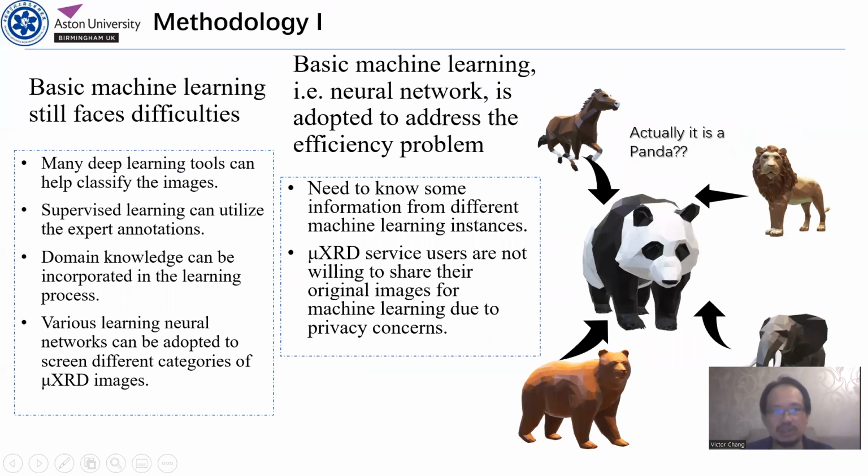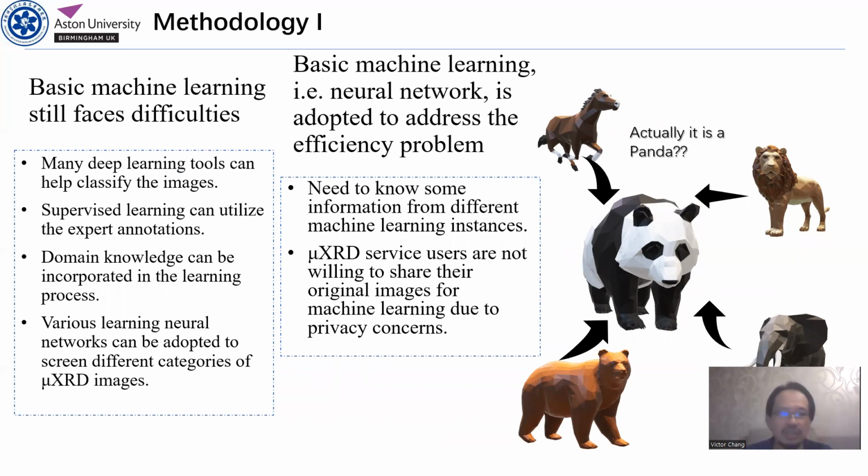I'm going to explain the methodology as follows. There are two things you need to know. First of all, basic machine learning still faces difficulties. Why? Because there are many deep learning tools that can help classify the images. However, supervised learning needs expert annotation, and domain knowledge is also required, because if you do not have the domain knowledge, you may not utilize the learning process effectively.